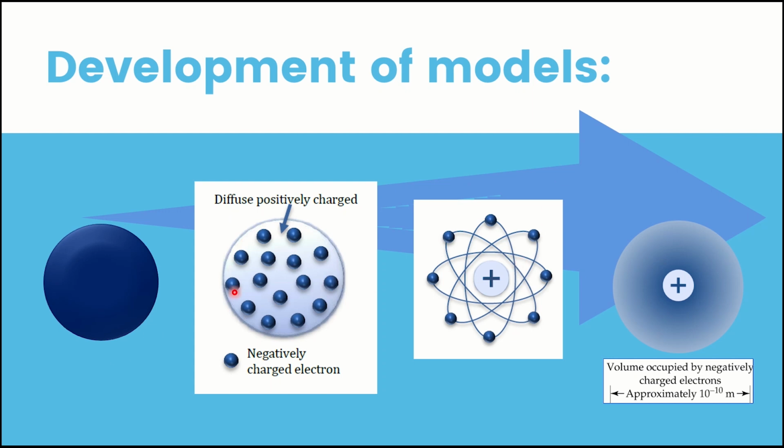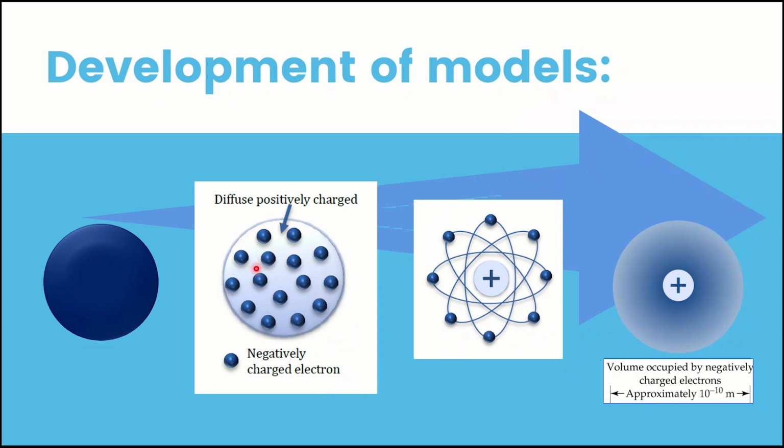And this is the picture of different models of atom. Start from just a solid sphere, and then the picture change to a sphere that actually regarded or referred to as diffuse positively charged, with the particle that is negatively charged, and the name of this negatively charged is electron.